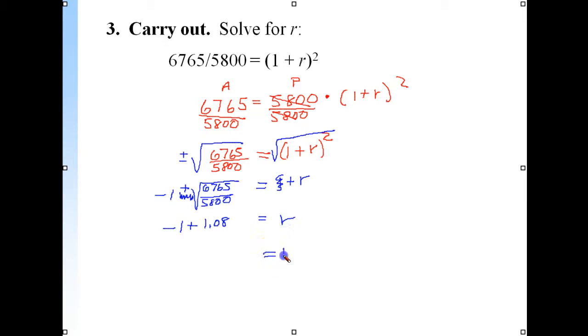So we get r equals 0.08. And that is our rate. Okay? And this is approximate. We reject the other one because it would have been a negative, because there's no interest that's ever like that.